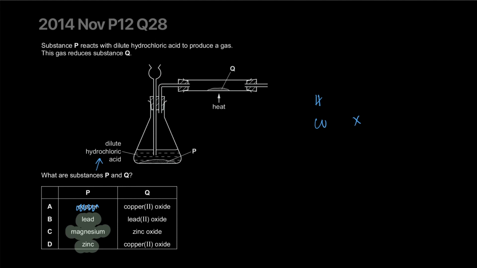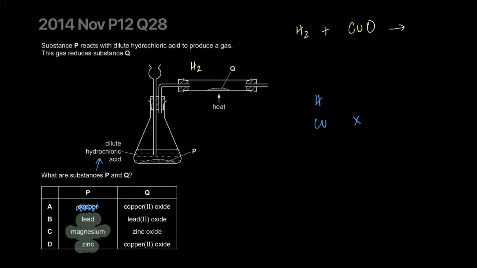Okay, so what's liberated when they react? An acid reacting with a metal will liberate hydrogen gas, and this gas will react with one of these. So hydrogen, can it displace copper? Is it more reactive than copper in copper oxide? Yes, it can. It will react because hydrogen is more reactive, the same reason copper doesn't displace hydrogen earlier. Hydrogen will displace copper over here because it's more reactive, right?